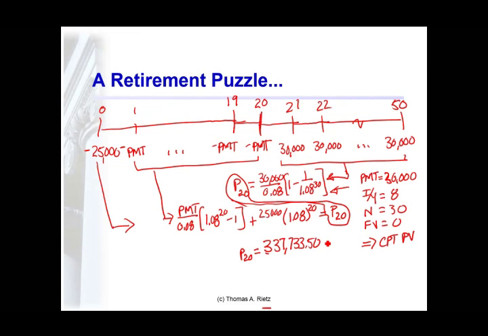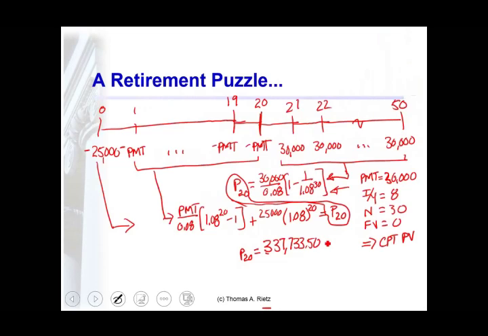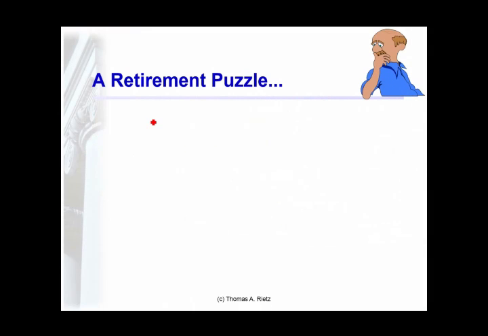Let me draw another timeline to show you what I mean. Now if I think about this, whoops, sorry, I guess I have to go the other way. There we go. Now if I think about this, I start with $25,000 today. I need to have $337,733.50 in 20 years.